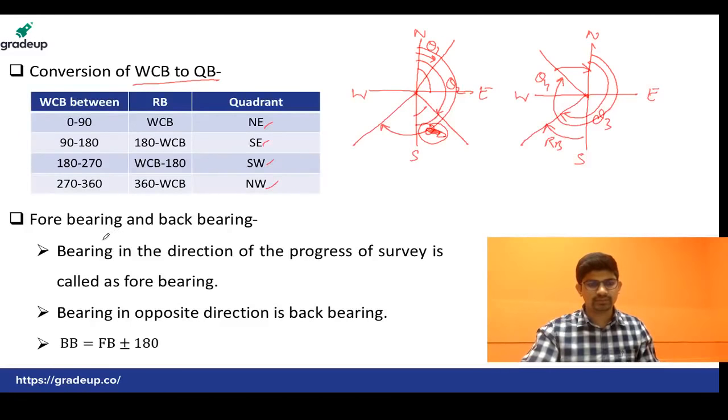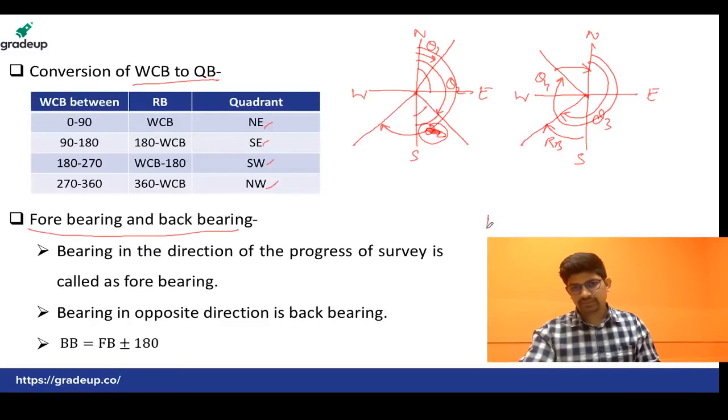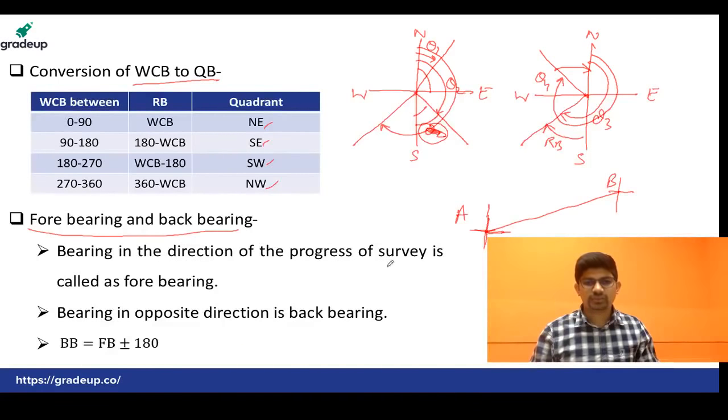This is how you convert WCB to quadrantal bearing, or quadrantal bearing to WCB. Now, in bearing itself there are two terms, fore bearing and back bearing. What are they? Suppose I have this line AB. The bearing in the direction of progress of the survey is the fore bearing.